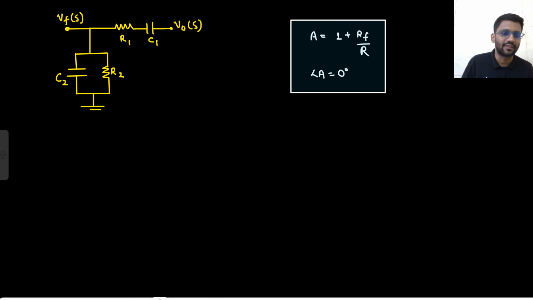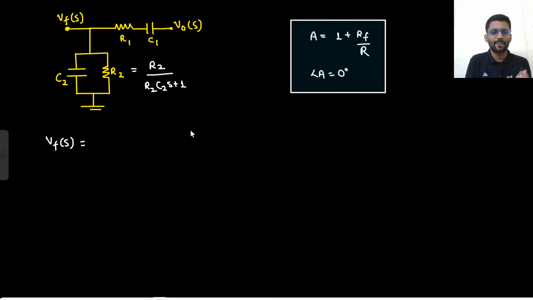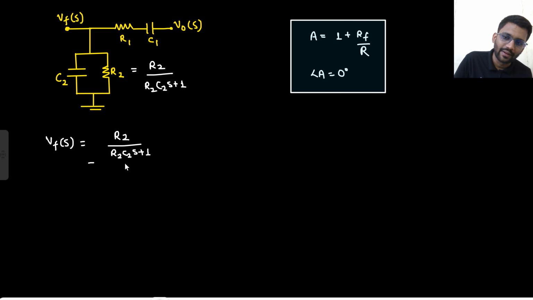But let's just find your feedback factor first. What would that be? VFS would be, what will this parallel combination give you? R2 parallel with C2 gives R2 upon R2 C2S plus 1. So VFS would be simply R2 upon R2 C2S plus 1, divided by R2 upon R2 C2S plus 1 plus R1 C1S plus 1 divided by C1S.